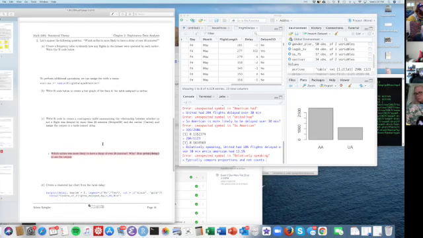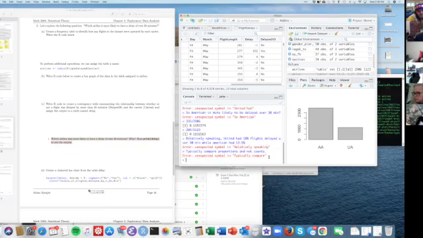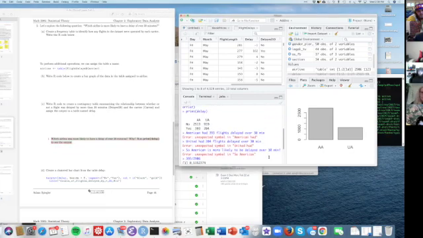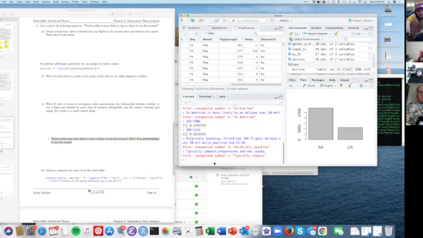Yeah, so if I want to take a look at kind of a clustered bar chart, for example, plotting both of these variables together, then I've already created this table that's called delay. Let me just see what happens if I just do barplot delay.